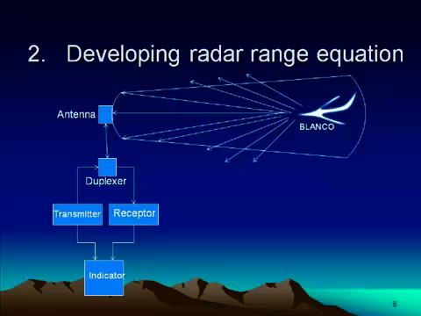If this received power is greater than the minimum signal required for the receiver, then it will be properly processed within the receiver, and the indicator will be able to give a very good, accurate reading of the distance of the target, or what we call range.